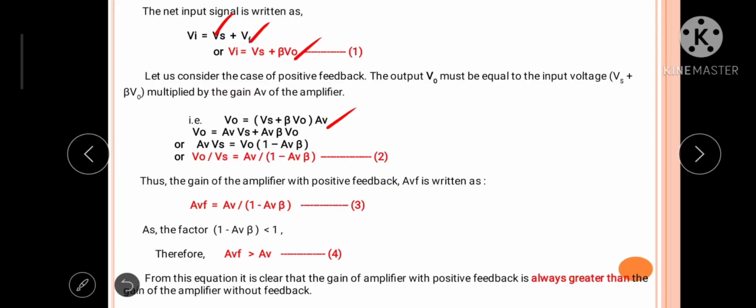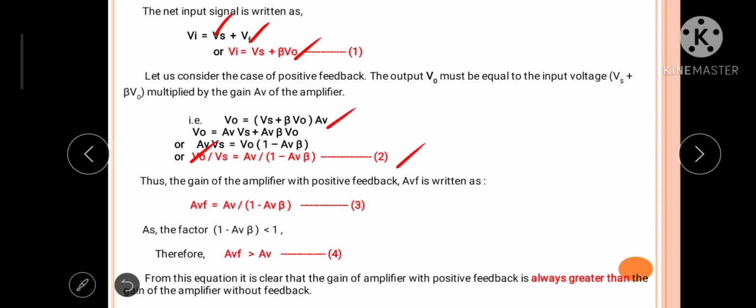Again, by adjusting some terms, we can write Av into Vs equals, taking Vo as common, Vo into (1 minus Av into beta). And finally, taking Vo upon Vs, we can write it equals Av upon 1 minus Av into beta. Take this as equation number 2.